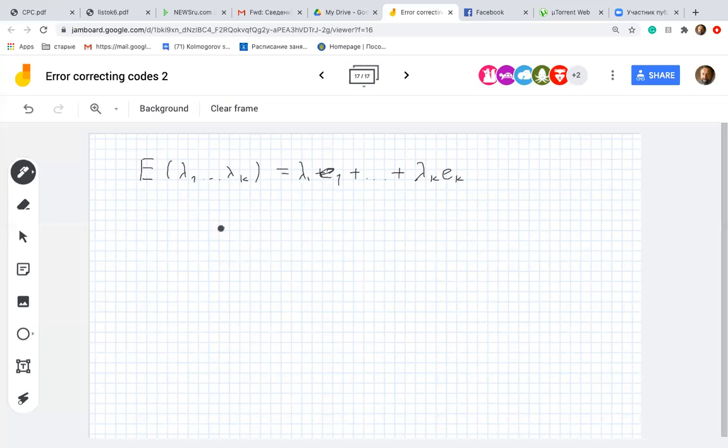Now let's ask how many bits we need to find such a code.